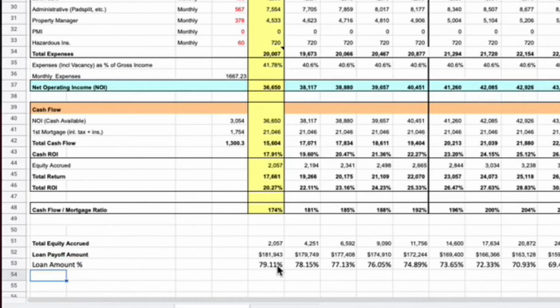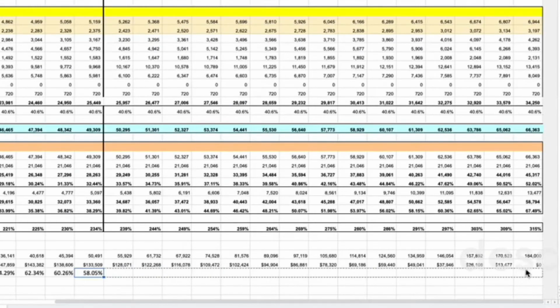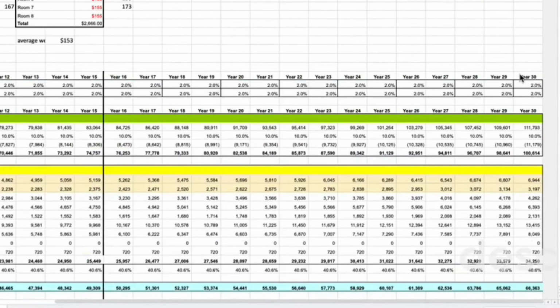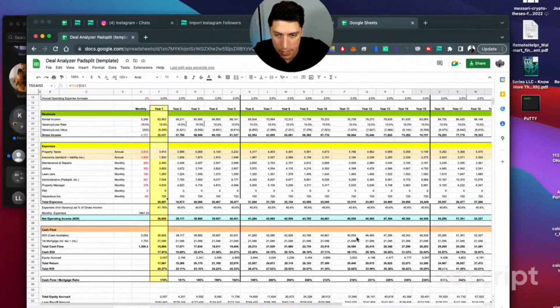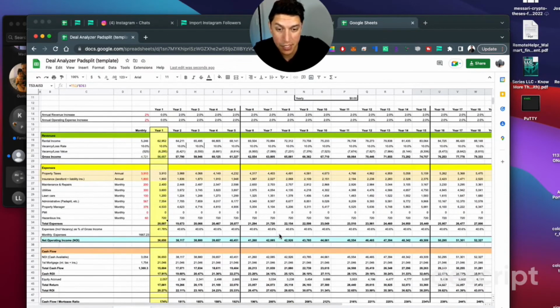So you still have 79% loan to value, 78%, so on and so forth. When you go all the way to the right, you're obviously at 0% loan at year 30. To be honest, I don't really use everything to the right of this. That was something that we initially created thinking maybe we'd use it, and we don't.